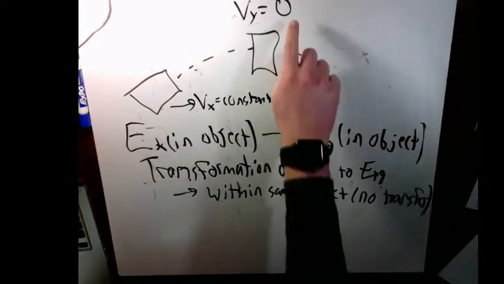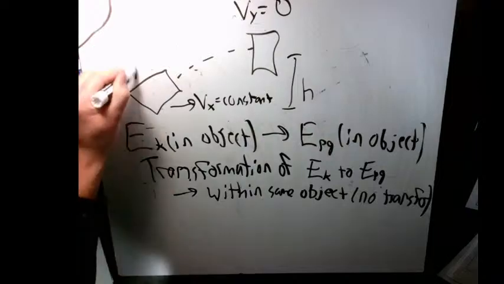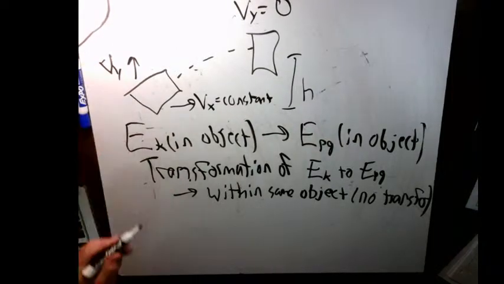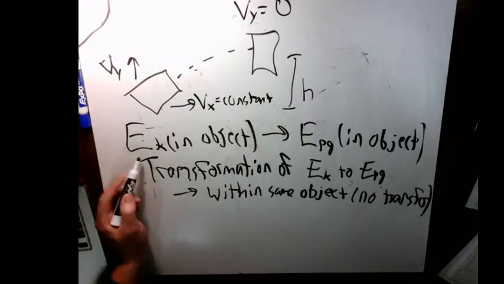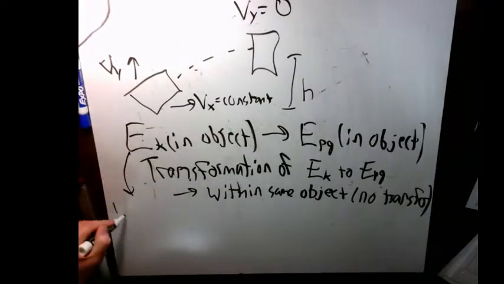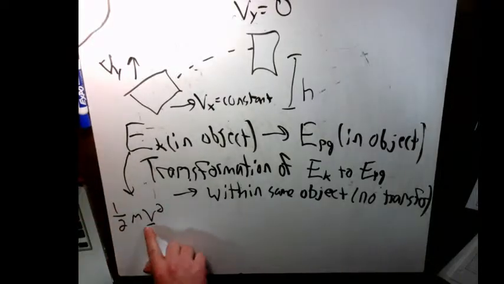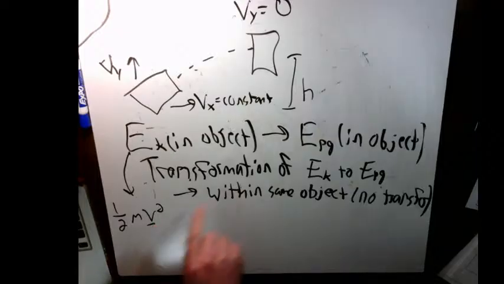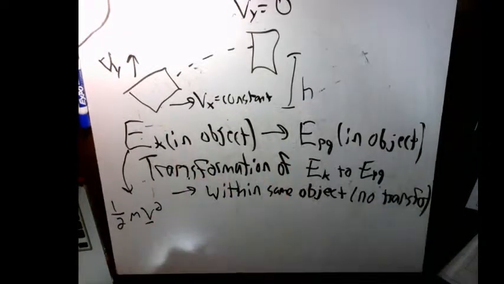But in the y direction, we're going to be losing our speed in that vertical direction, right? And that loss in speed translates to a loss in kinetic energy because we're looking at half of mass times speed squared. So that loss in speed is converted to a gain in height, right? Kinetic energy to potential gravitational energy.